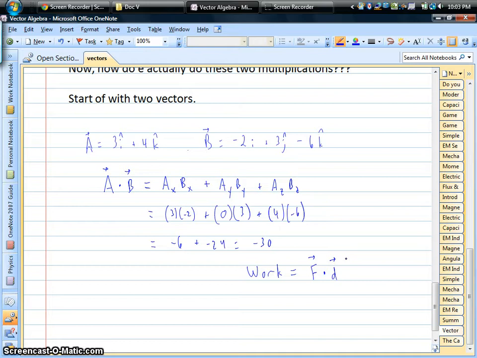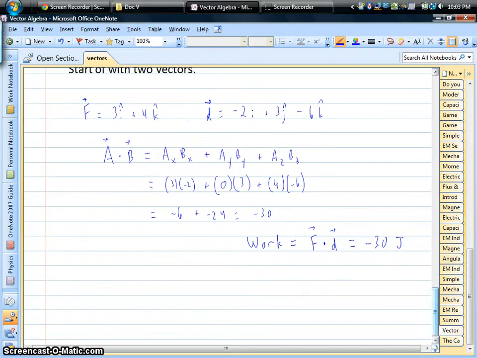So in this case, let's say we change the names of these two vectors that we're given. Maybe our force vector was vector A, and maybe our displacement vector was vector B. And if we had those two components, check it out. This answer suddenly would be in units of newtons times meters, which is energy, that's joules. So you can actually find how much work is being done by that force moving some object.